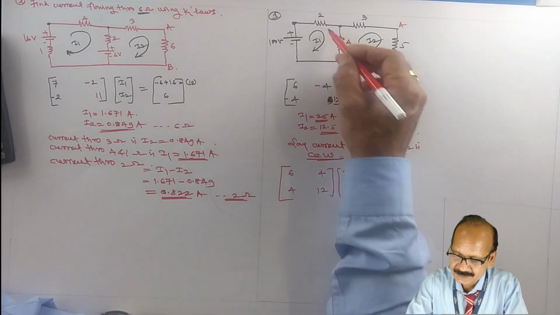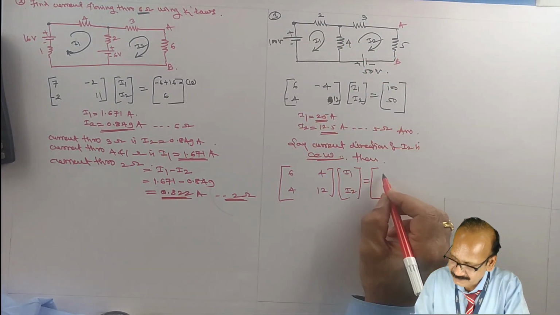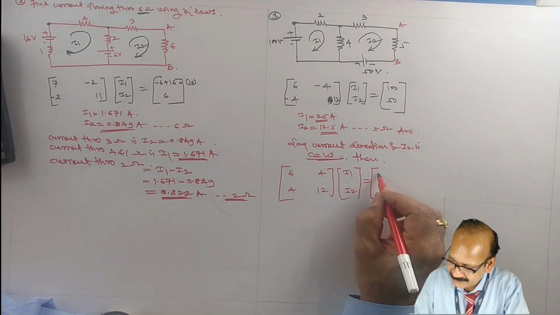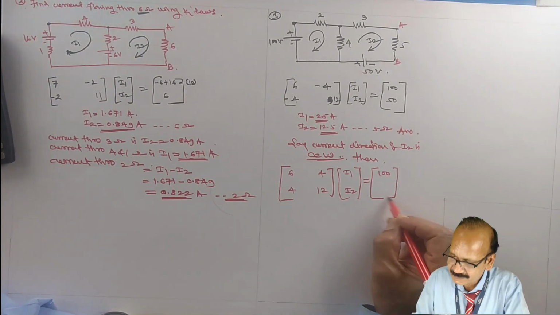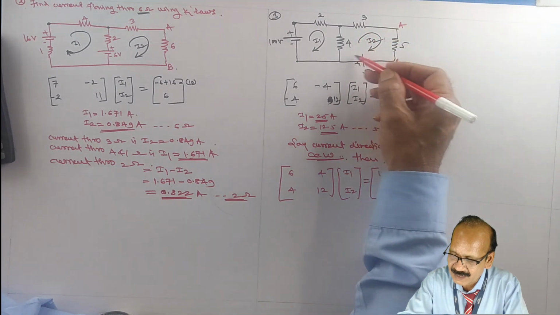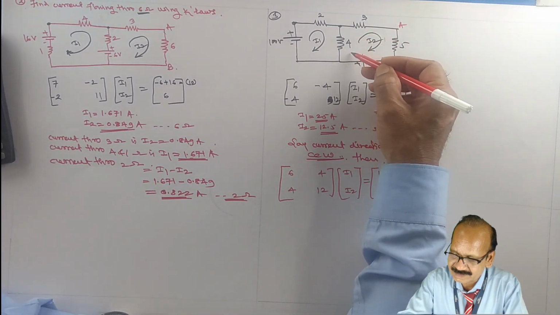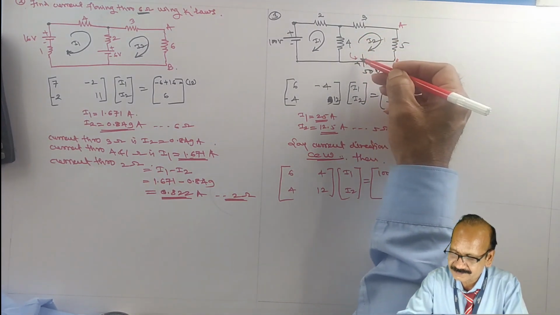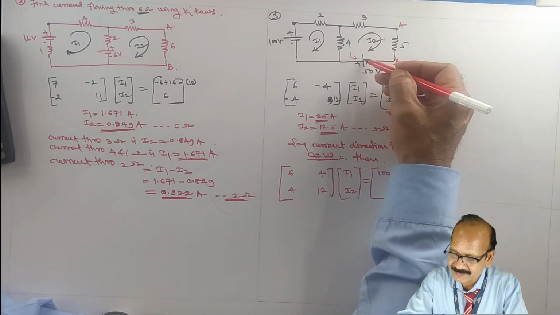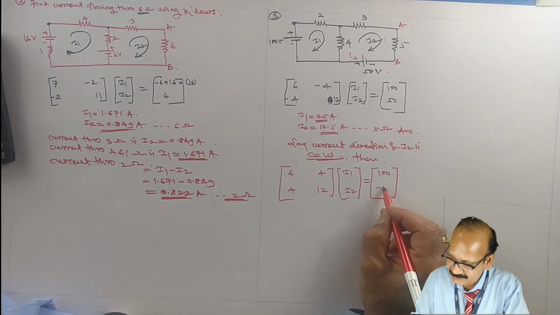Now see, I1 is entering into negative terminal of the battery first, so plus 100. Now the I2 is in counterclockwise direction we have considered, and therefore here it reaches the positive terminal of the battery first, therefore negative sign, minus 50.